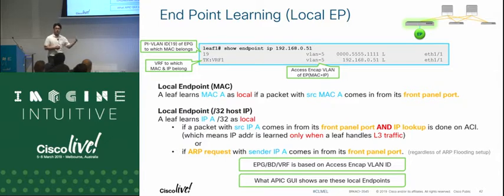This function is really powerful because when an endpoint moves from one point to another, we don't have to wait for that endpoint to let the network device know about its movement by sending a GARP or something. We just immediately pick it up, as soon as the endpoint that moved starts sending traffic.